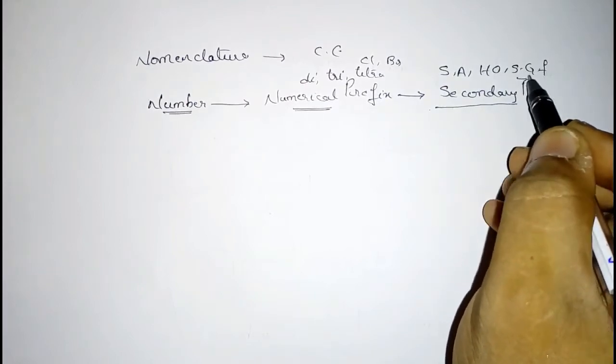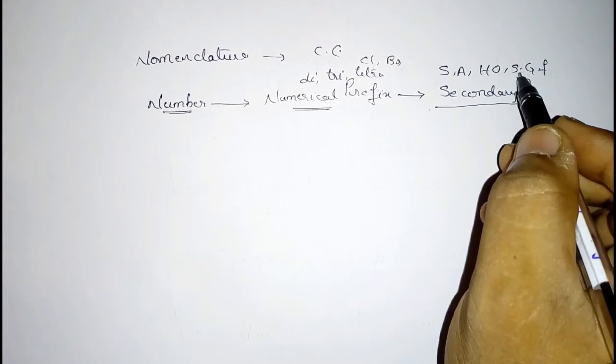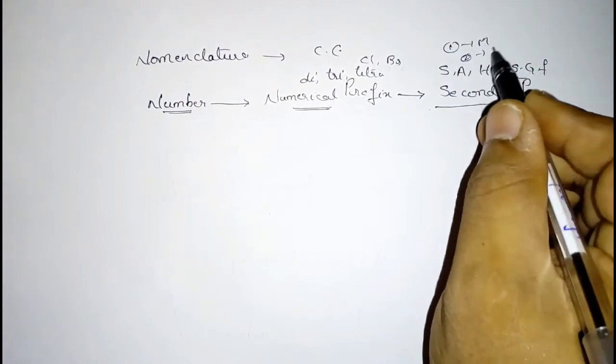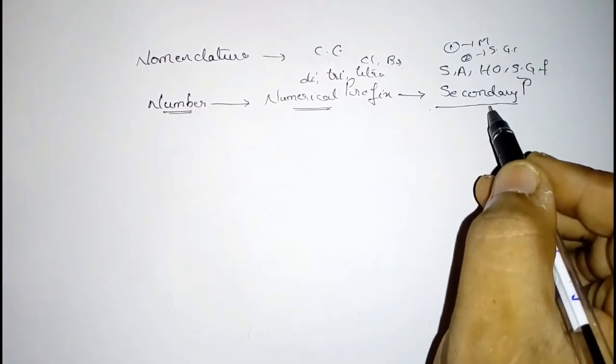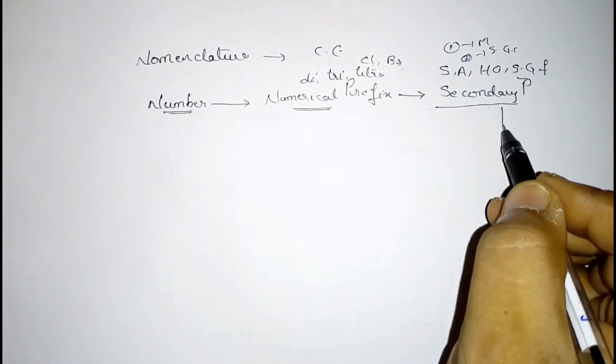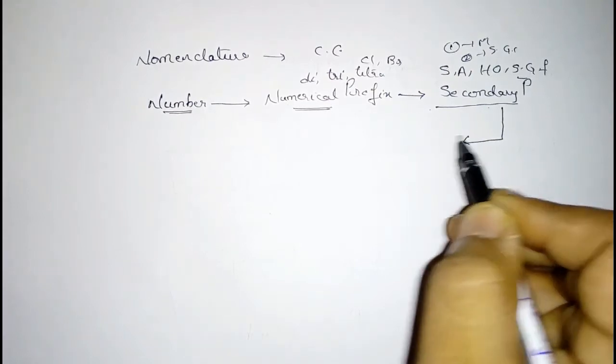Second grade functional group means what? If there are two functional groups in it, the first one will act as the main functional group and the second one will act as the second grade functional group. So secondary prefix is about what? Second grade functional group.